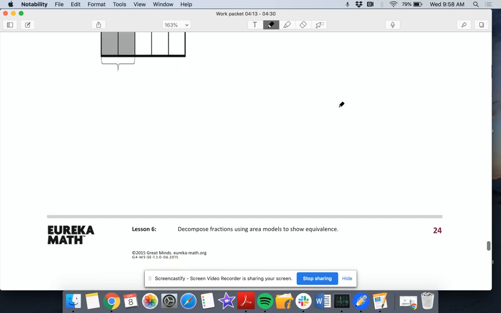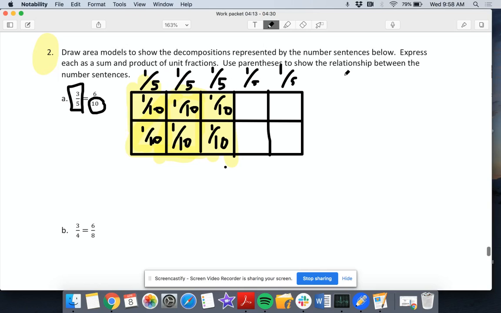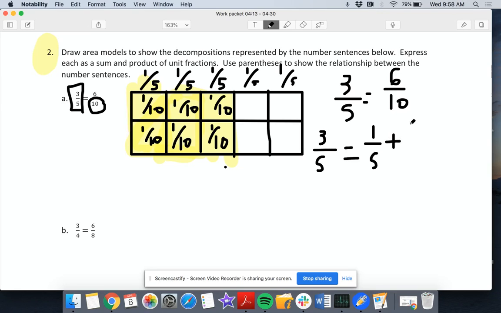So let's try to follow these guidelines and write this number like this. Okay, so we have 3/5 is equal to 6/10. We can also say that 3/5 originally was equal to 1/5 plus 1/5 plus 1/5.